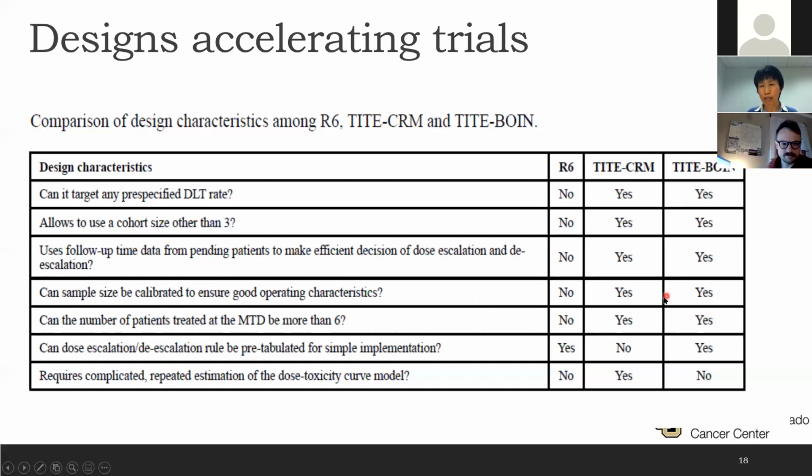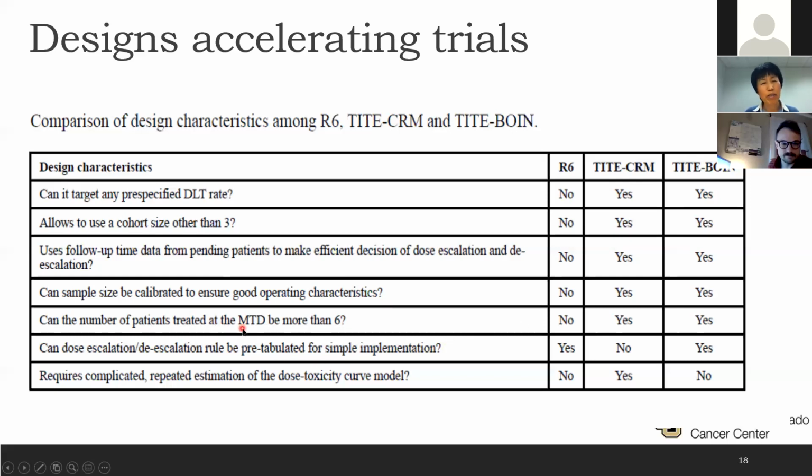However, the time-to-event CRM and time-to-event BOIN designs both allow us to pre-specify the maximum sample size. Thus, we can have an adequate sample size for the MTD determination to ensure good operating characteristics.